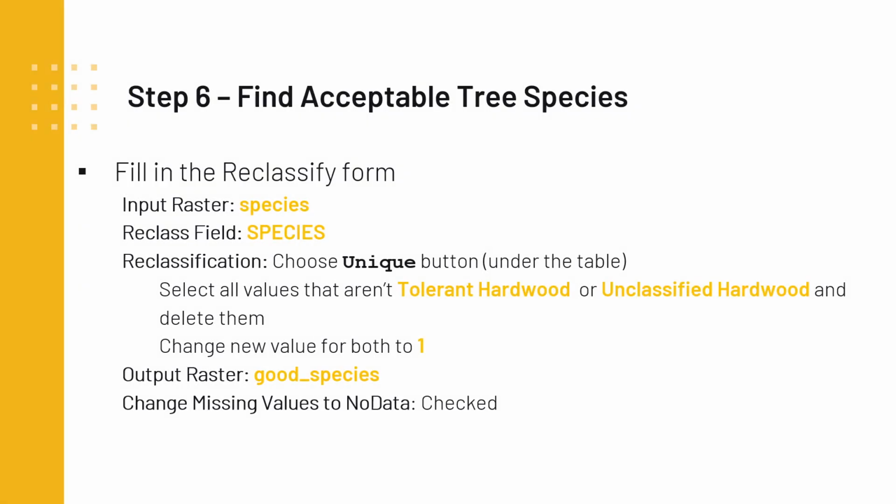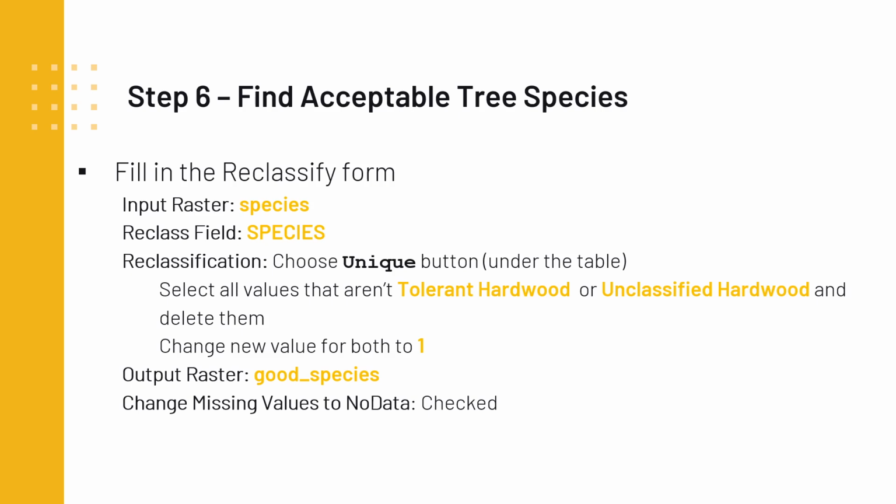Now that we have the Reclassify tool open, for the input raster, it's going to be the species that we're reclassifying. Under the reclassify field, it is also species. Remember that the raster always stores a number, but we're going to be actually using that associated value that goes with it, and that's the species layer.